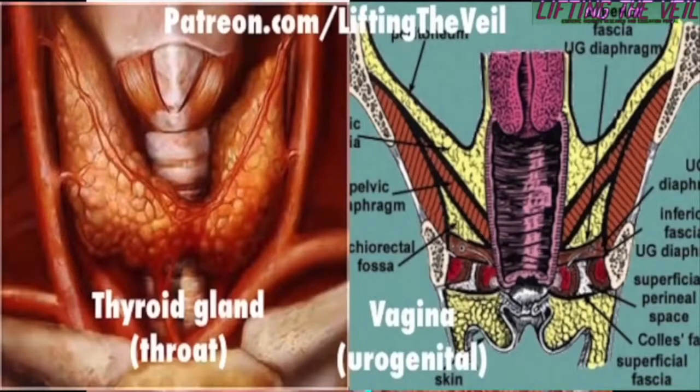Hashimoto's is 7 times more common in women than in men. Some women experience thyroid issues after pregnancy, around 7%. Abnormalities in the thyroid function, and particularly hyperthyroidism, can have an adverse effect on reproductive health and result in reduced rates of conception, increased miscarriage risk, and adverse pregnancy and neonatal outcomes.